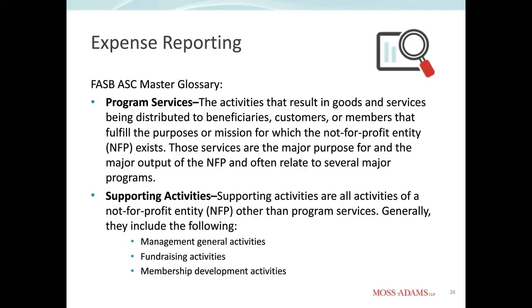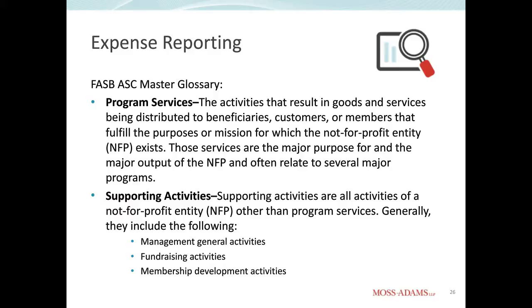So you may be looking at particular areas of the building that are used only for program services, where other portions of the building may be used for supporting services.